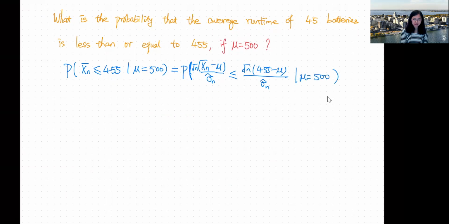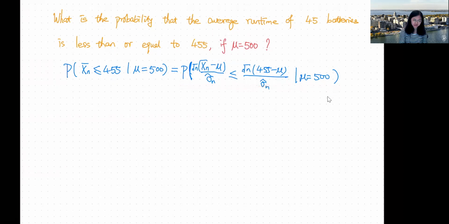These two probabilities are equal because the transformation that we made on both sides is strictly increasing. We demonstrated in last videos that doing this transformation helps us to calculate this probability.